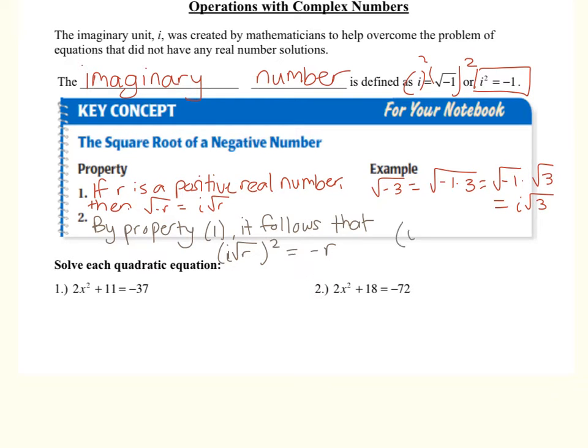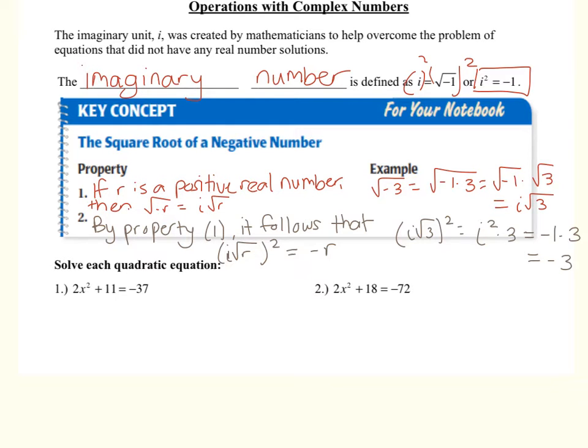So if we take that i square root of 3 and square it, well, i squared, and then squaring the square root undoes the square root, times 3, and we defined above that i squared equals negative 1, so it'll be negative 1 times 3, and we will in fact get negative 3.